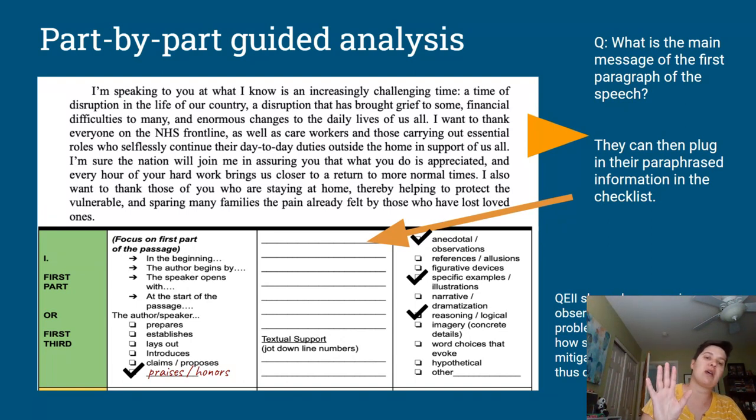I would suggest that perhaps you hit pause on the video and take a minute to try to fill in where the arrow is pointing, where you can put in your paraphrased information in the checklist. So you see where that arrow is pointing to those blank lines? How about you pause, take a couple minutes, read over this first paragraph, and see what you can come up with in that paraphrase checklist.